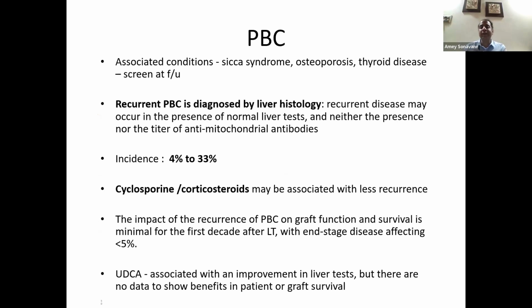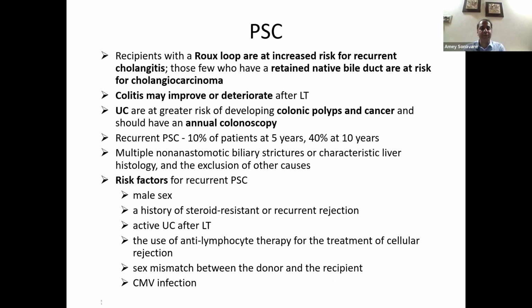These patients post-transplant, even if they develop recurrent PBC, may show normal liver tests, may not even show an AMA positivity. But liver histopathology is the most important way by which we diagnose recurrent primary biliary cholangitis. And the treatment of recurrent PBC is usually ursodeoxycholic acid, which causes an improvement in the liver function tests. But for long-term data, we are not really sure whether it helps in patient or graft survival.